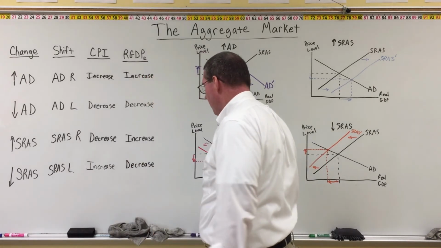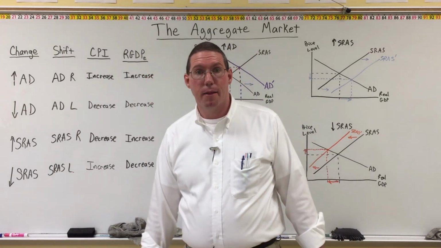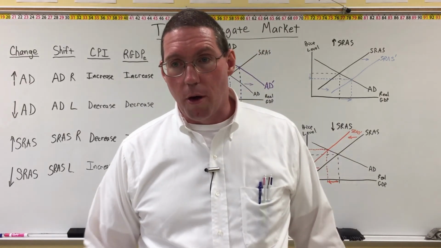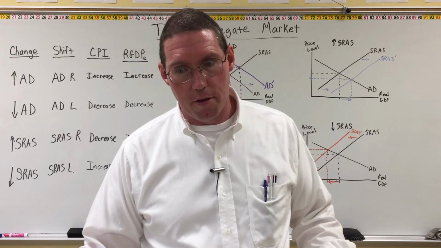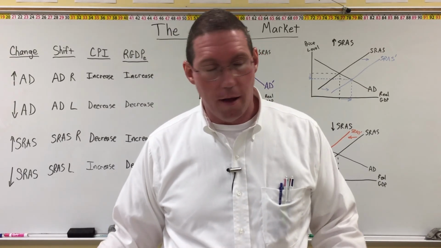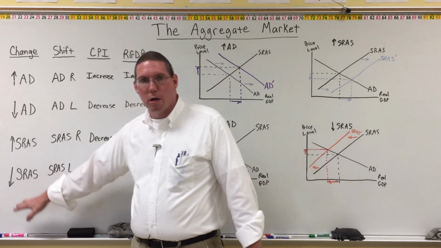And that means that we'll have higher prices with less stuff. I don't like that. I don't like higher prices and less stuff. There's not as much stuff for me to buy, so I'm going to bid up the price because I have plenty of money in my pocket, but they're not producing as much stuff. So I'm going to take more of my money to buy less of the stuff. That just doesn't sound good. I don't want something like that to last for very long, okay?